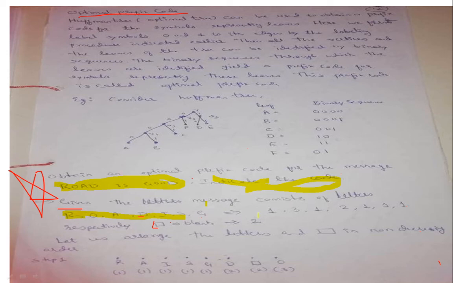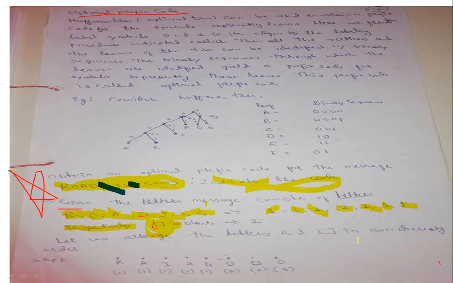R is taken one time, O is taken three times, A is taken one time, D is taken two times, I is taken one time, S is taken one time, and G is taken one time. The spaces I'll also take, representing a blank space using this particular box. It occurs two times.